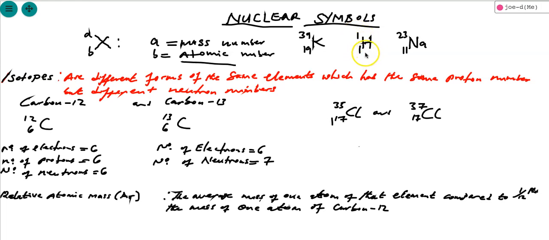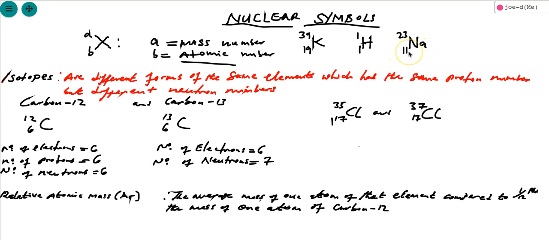So here with this symbol of hydrogen, hydrogen has atomic number of 1 and mass number of 1. Now the next one is sodium. The bottom number is 11 and the top is 23. What that means is that the atomic number of sodium is 11 and the mass number is 23. So that's how we represent other atoms.